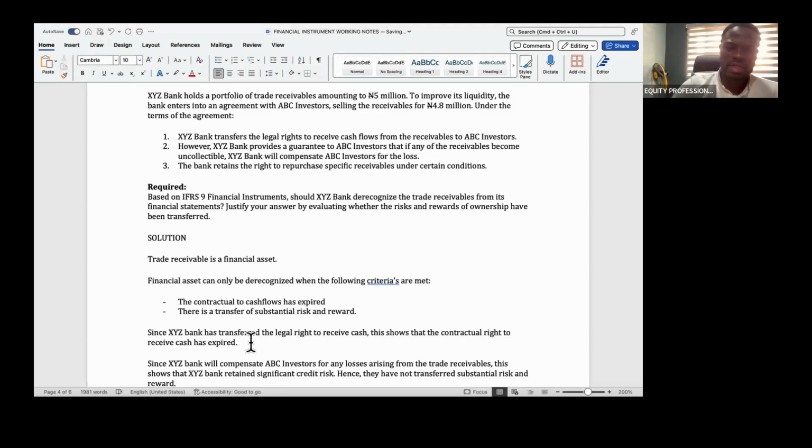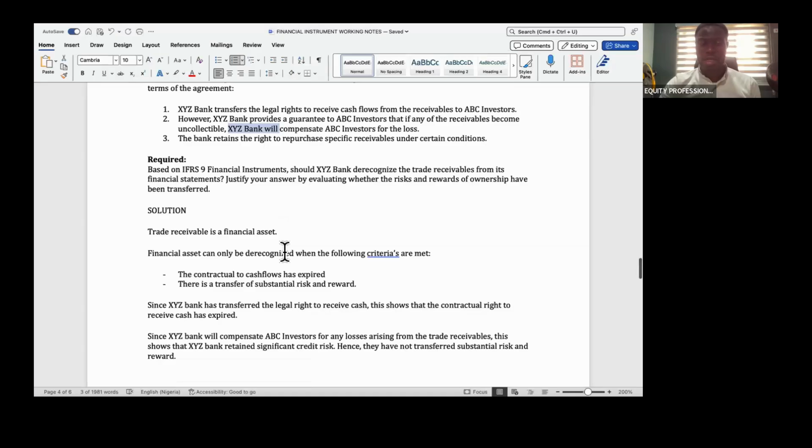So since they said if there is any loss or if any receivable becomes uncollectible, XYZ Bank will compensate, that means XYZ Bank still has some level of credit risk attached to that trade receivables. For that reason, it hasn't transferred risk and reward. For that reason, it has not met this second condition.